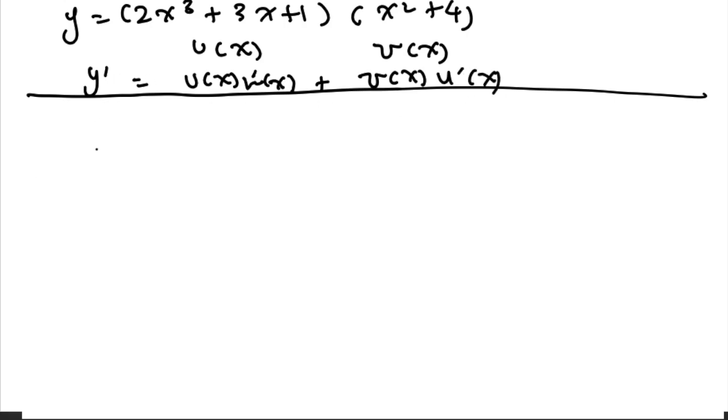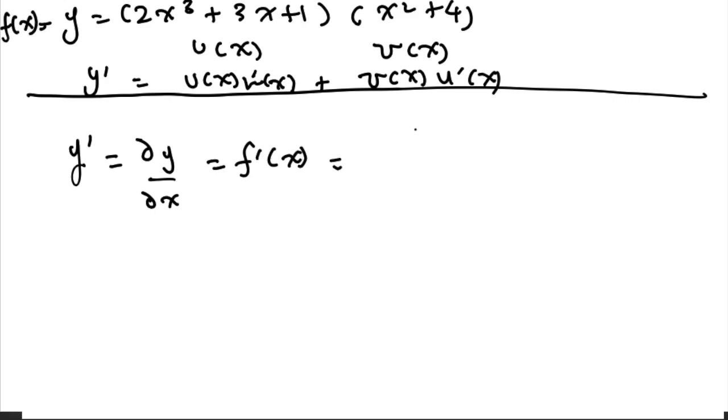So here is how we should write the answer. y prime, or you can also rewrite it this way, dy over dx, or you can also write it, let's say this one is f(x), equals to, okay, you rewrite u(x) as usual, 2x cubed plus 3x plus 1, but you differentiate v(x), so v(x) here becomes 2x plus 0, isn't it? x squared, you differentiate, becomes 2x.